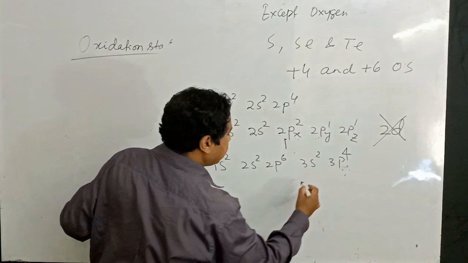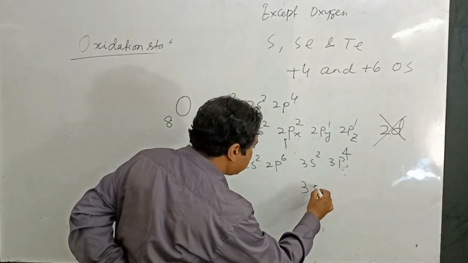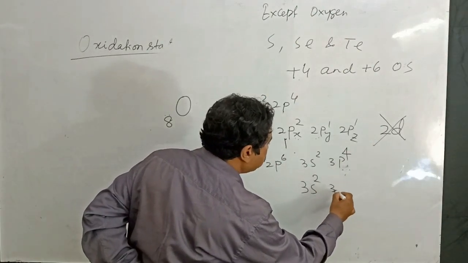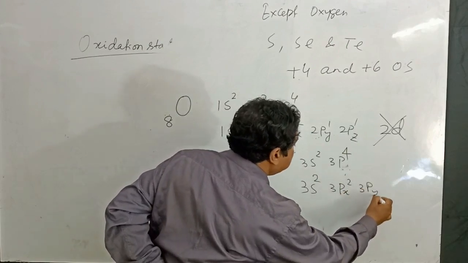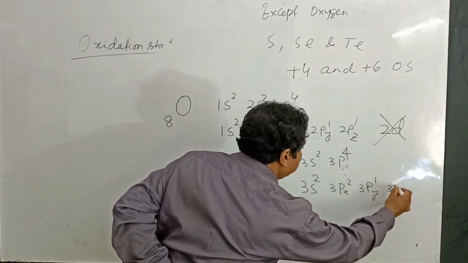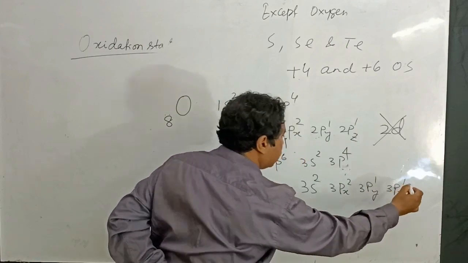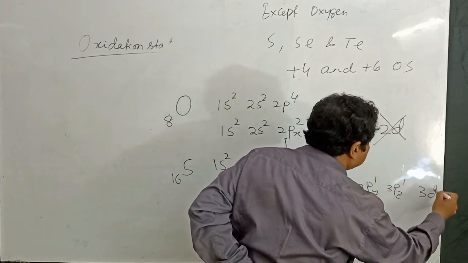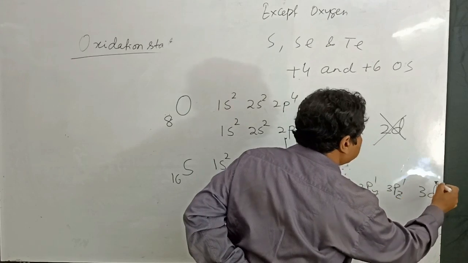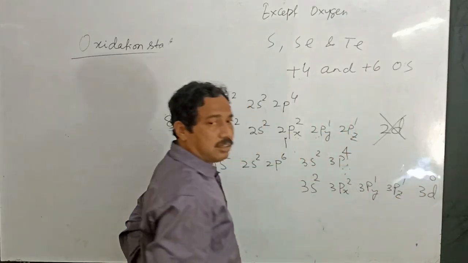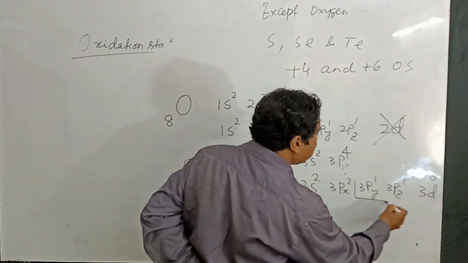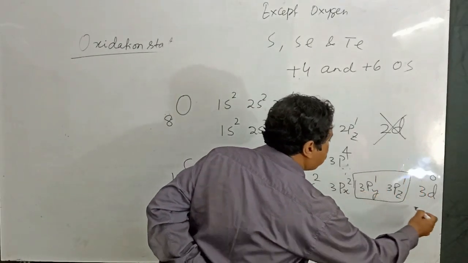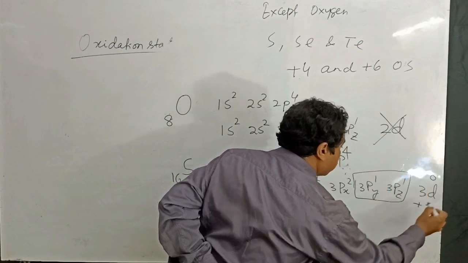In terms of orbitals, the valence shell is 3s2, 3px2, 3py1, 3pz1. And the 3d subshell is present, but it is vacant. So in the ground state there are two unpaired electrons, so it can show a +2 oxidation state.